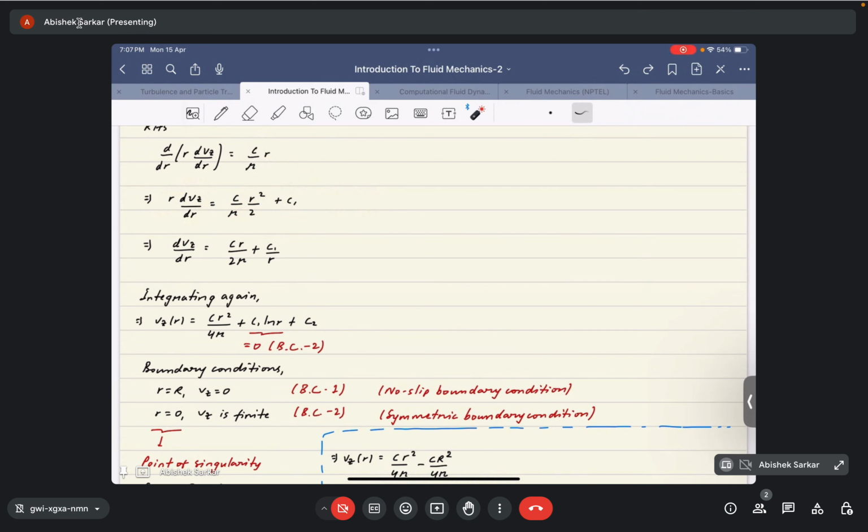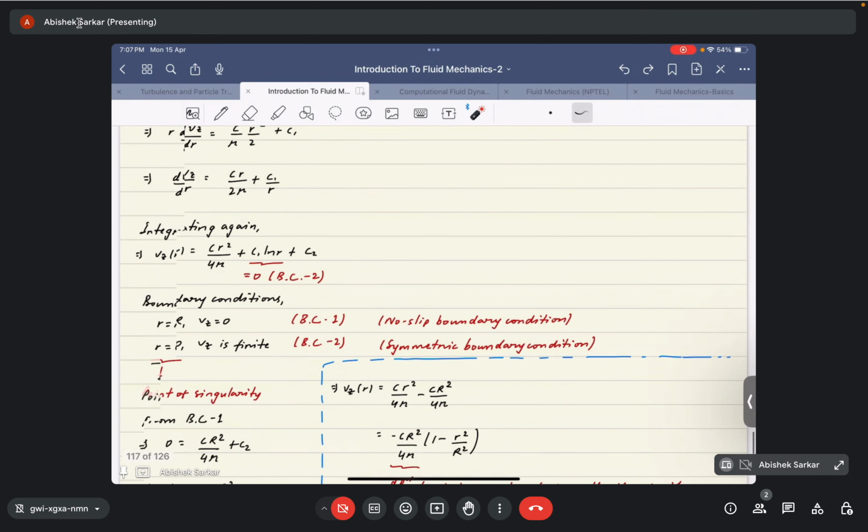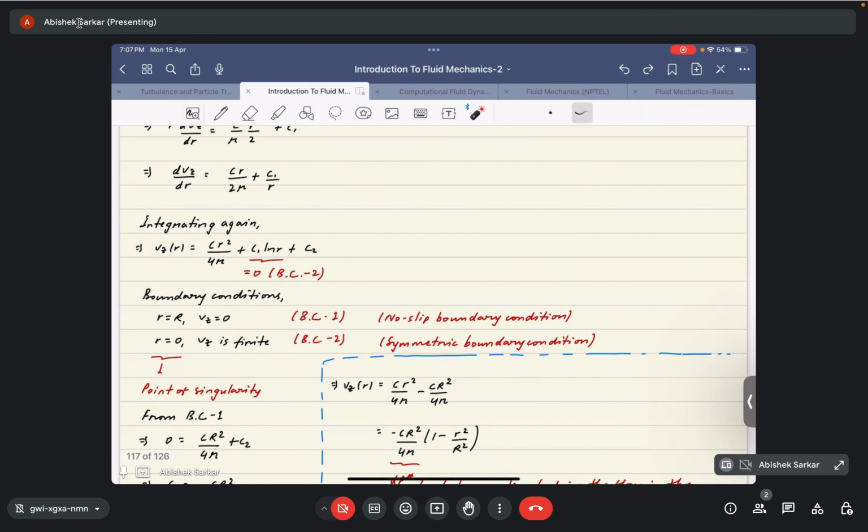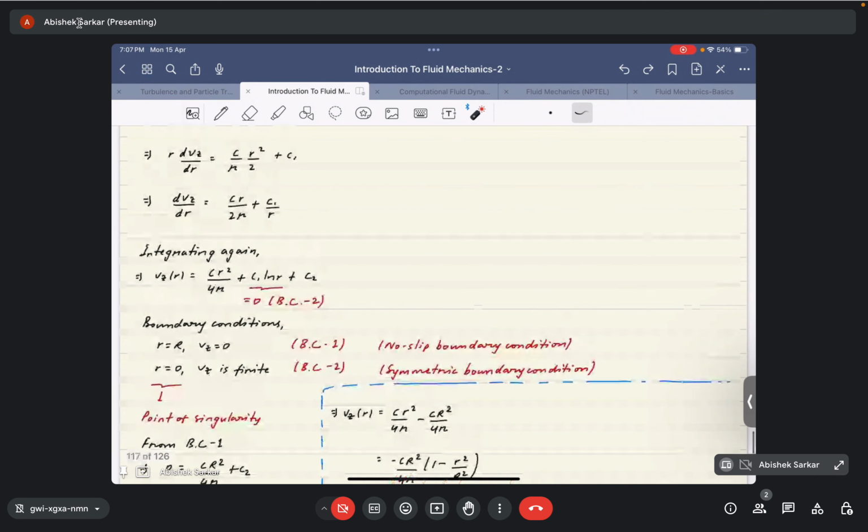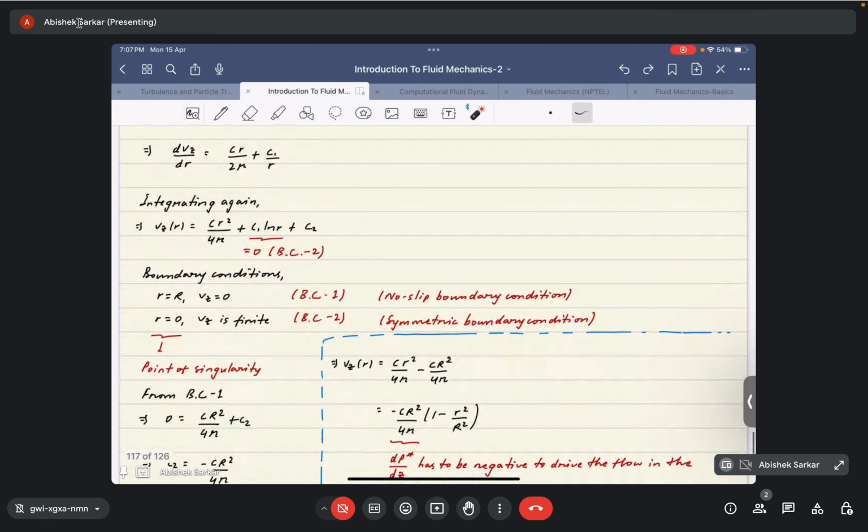Then from the no-slip boundary condition, the equation that we are left with is Vz as a function of r equals c r square by 4 mu plus c2.